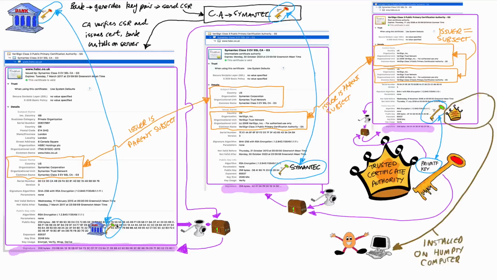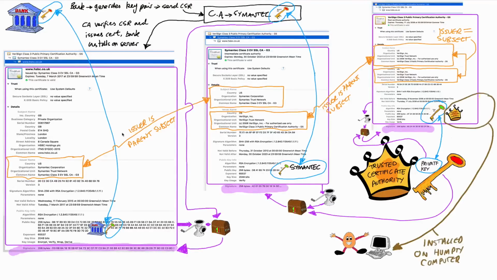Because going back to our man in the middle video, we know that it's theoretically possible for somebody to intercept this document being sent back and then potentially insert their own public key in here and then present that back to Humpty, and then if you've followed my previous videos, you'll know what chaos can ensue from then. I don't have time to go into it again now. Okay. So how do we know that this public key actually belongs to HSBC? How do we know that the certificate is valid?